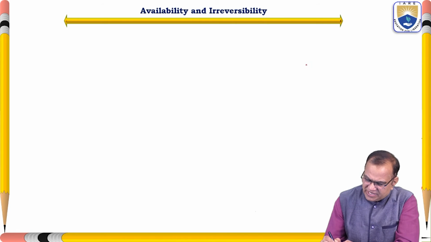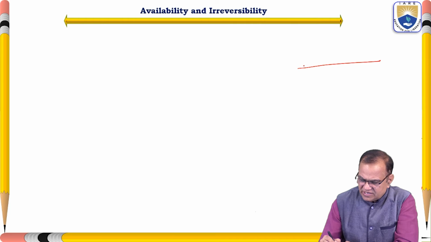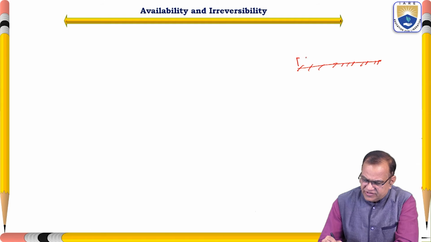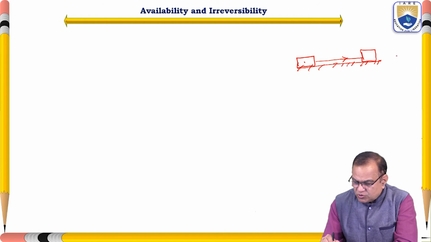I will give one example here. Suppose there is a block here. You are moving this block from here to here. During this motion, due to friction, some energy is gained.